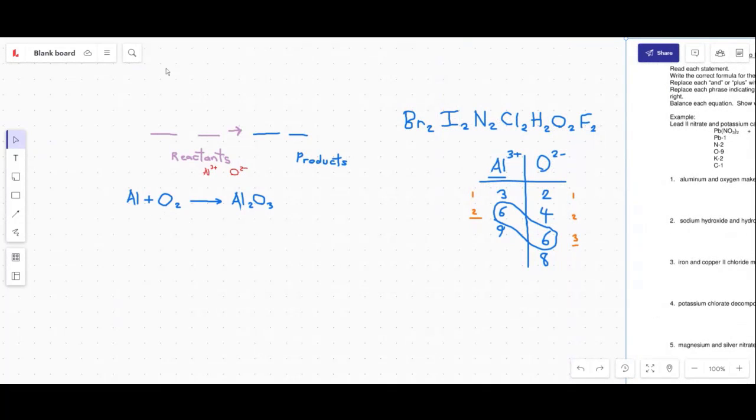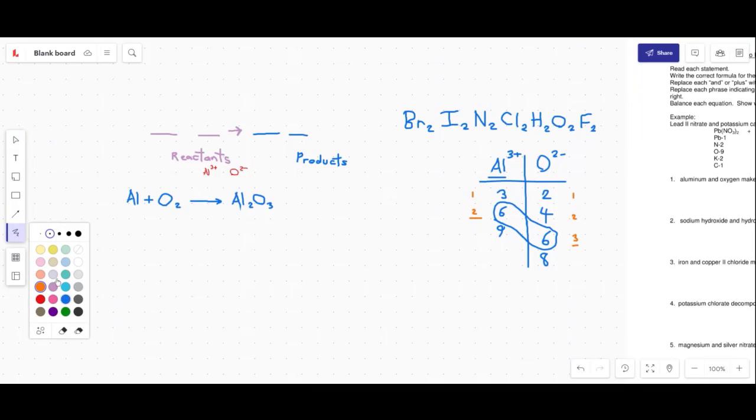The Al plus O2 goes to form Al2O3. And so what we're going to do is list out the elements. I only have 2 elements, so this is going to be a little bit easier one for us to balance. So I have aluminum and I have oxygen.